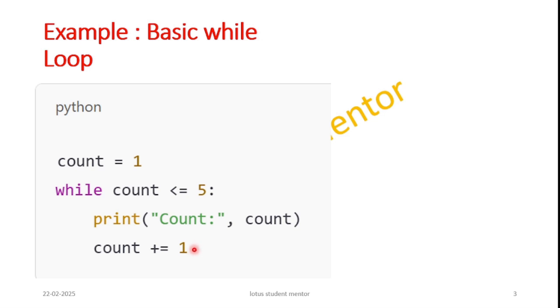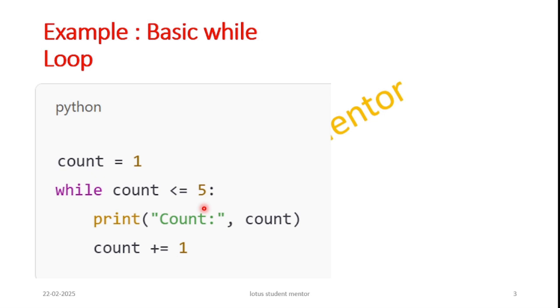Then the increment takes place: count equal to count plus 1, or count plus equal to 1. That means count equal to count plus 1. When the count crosses the limit of 5, termination takes place. The loop will be terminated.